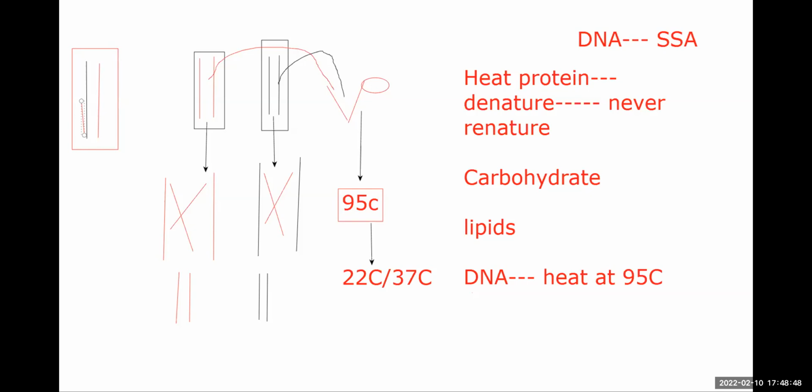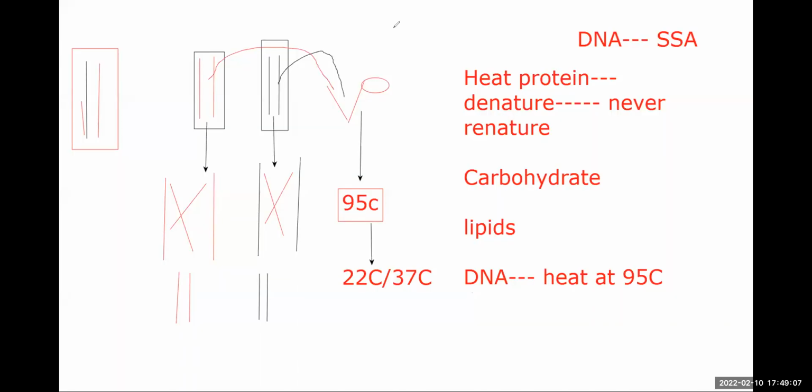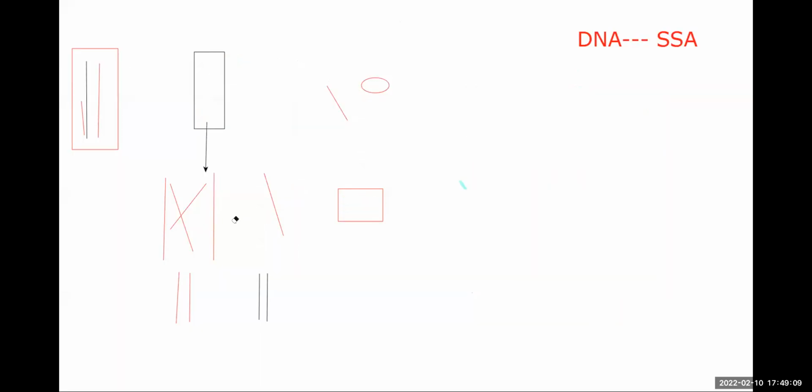So first we run the gel, agarose gel electrophoresis, to separate the DNA. So what does agarose gel electrophoresis do? Electrophoresis means separation of molecules by charge, right?